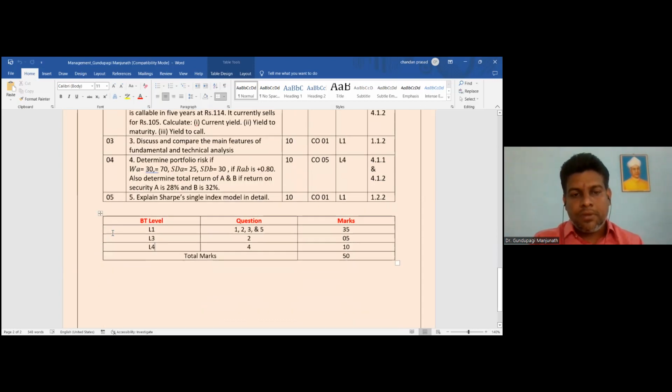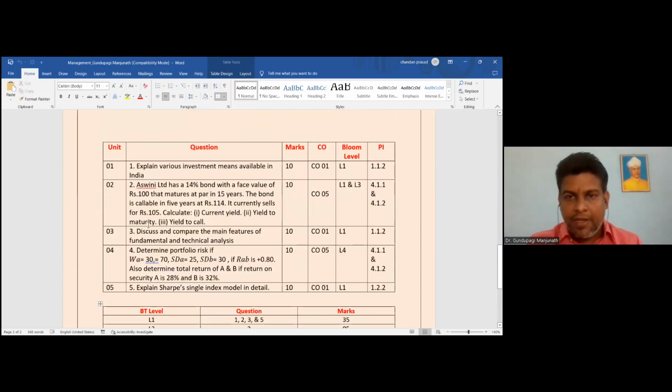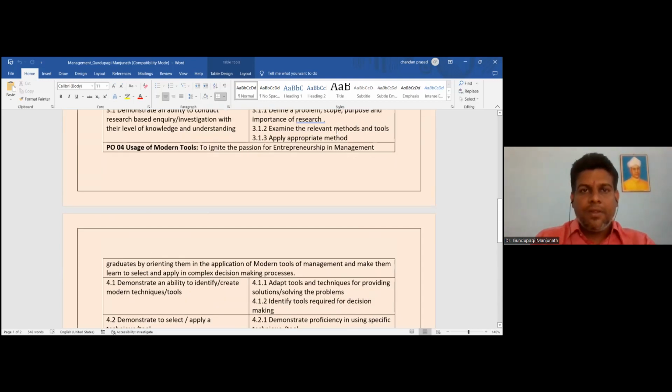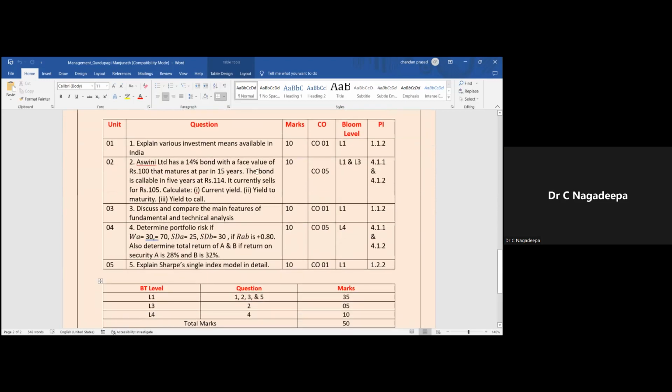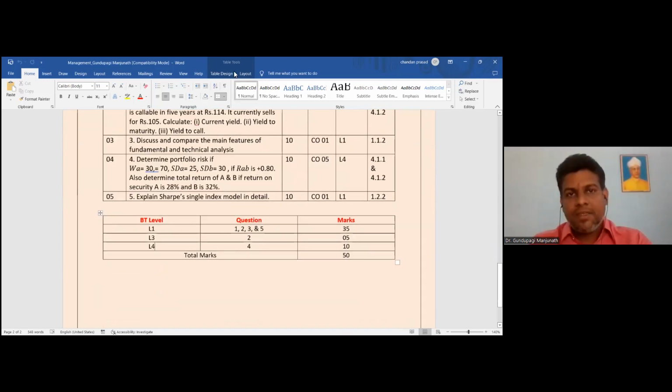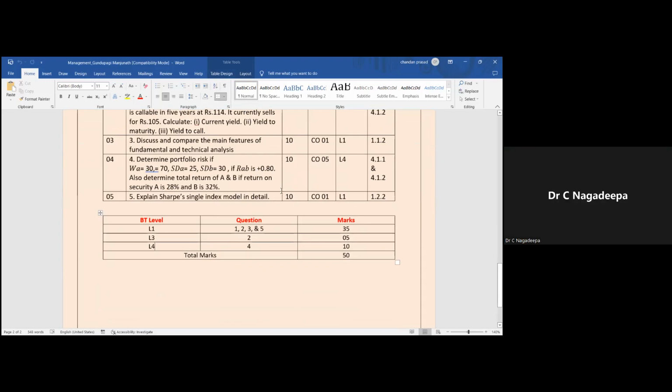So, I have very few minutes left. If you have the rubrics for this, can you share, sir? Yes. Because you have a shortage of time also. Rubrics is there.